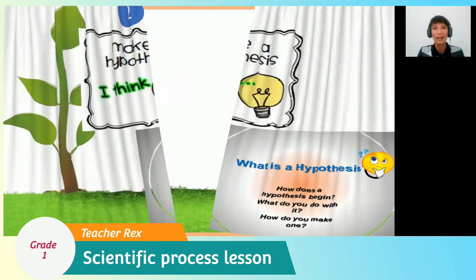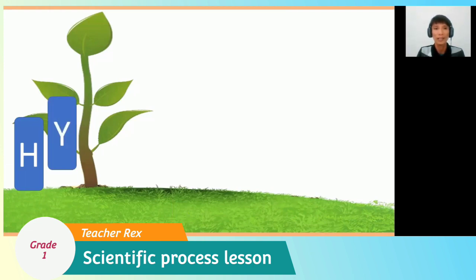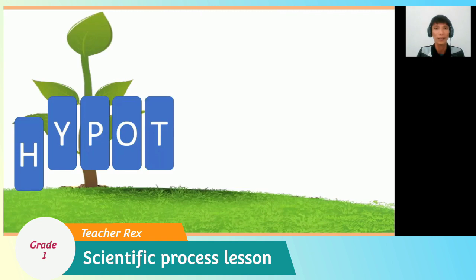So let us see in the following picture. What letter is this? H. Repeat after me. H. The next letter is Y. The next one is P. And the other one is O. The next, what letter is this?